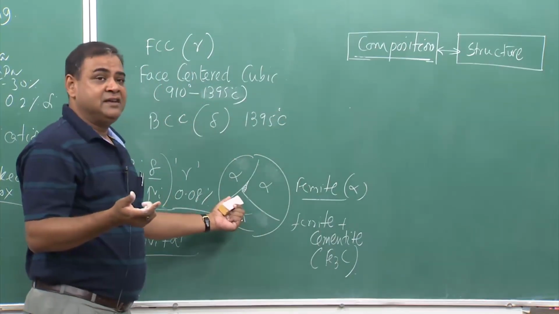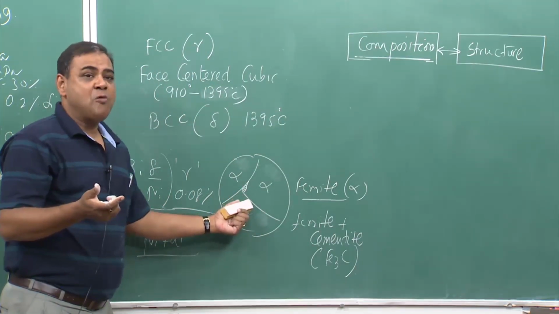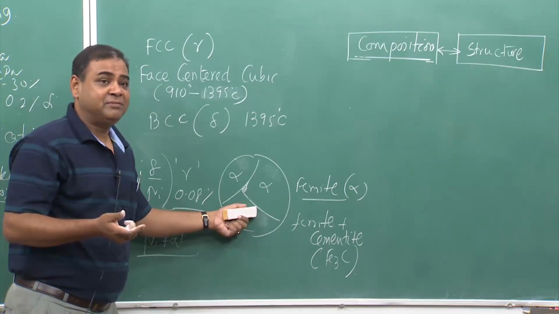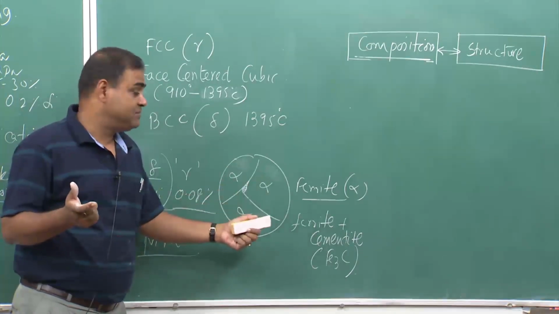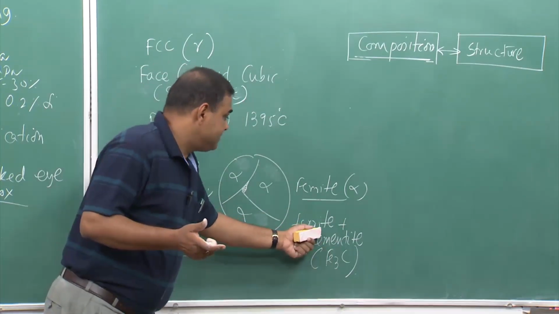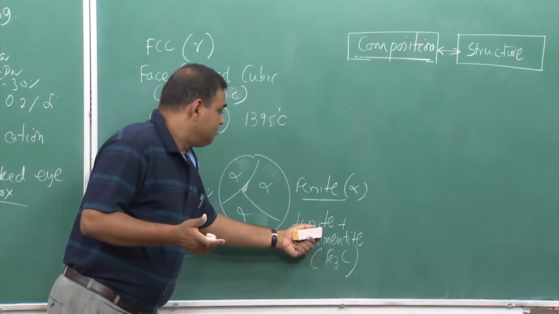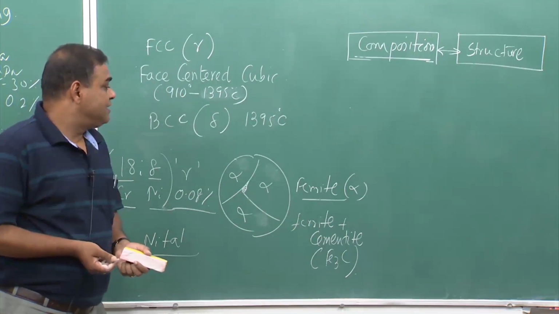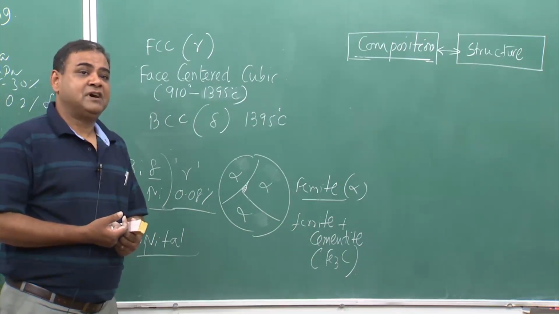That means the structure remains the same, but the composition changes and the property changes. Now, on the other hand, if we change the composition, similarly the microstructure is changing, but the crystal structures are the same: the crystal structure of cementite is rhombohedral, and ferrite is simple BCC. There also a change in properties takes place.